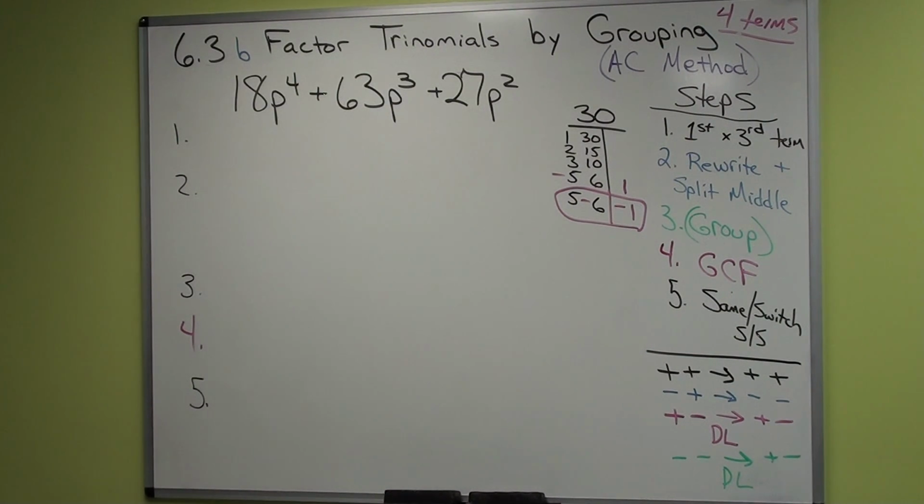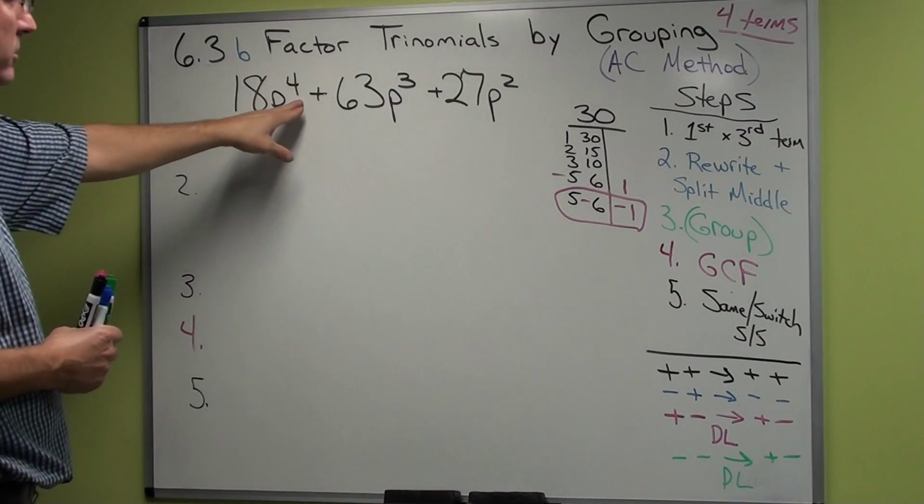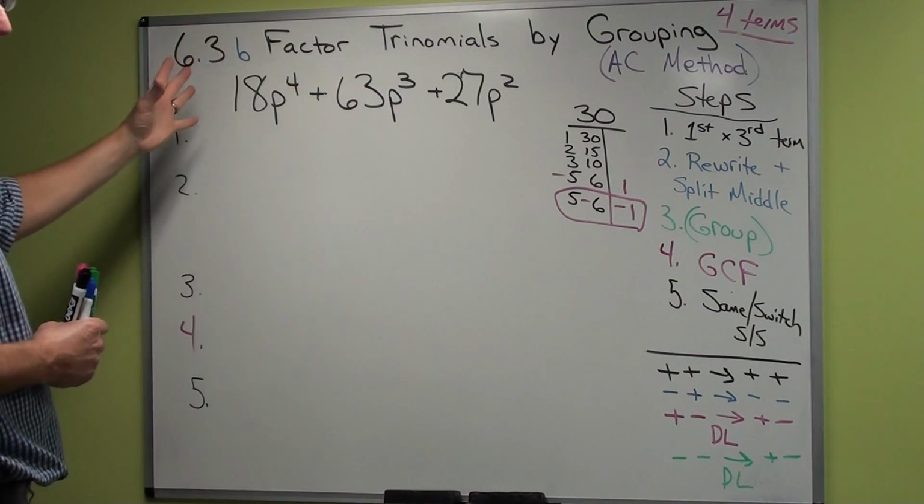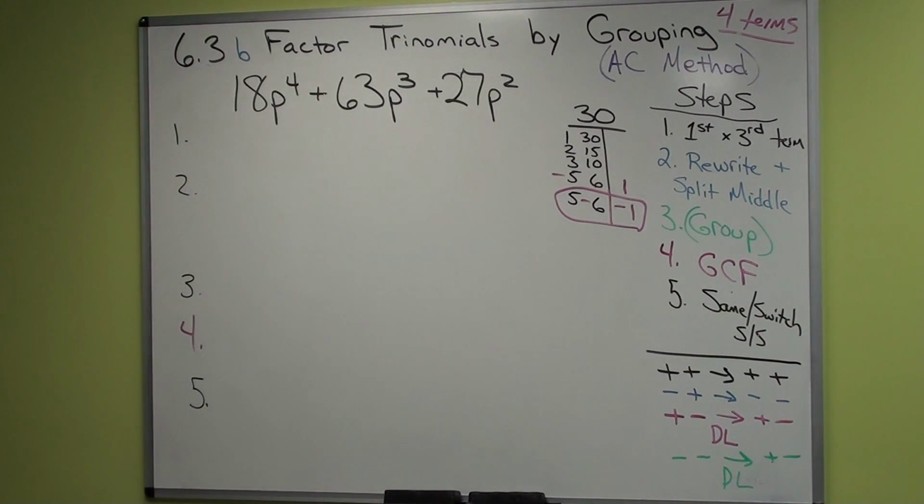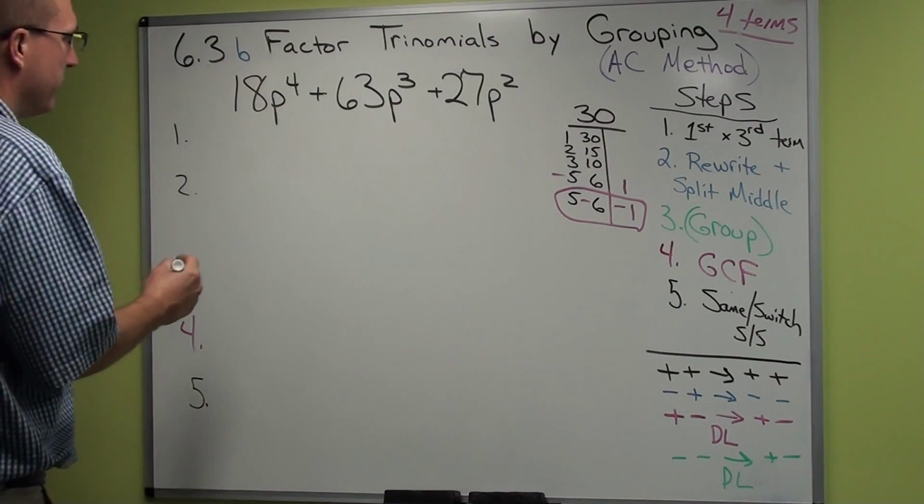Alright, the first thing you have to do is figure out what you can pull out of this one, because it doesn't start with p squared. So you need greatest common factors in this problem. Alright, so here we go.